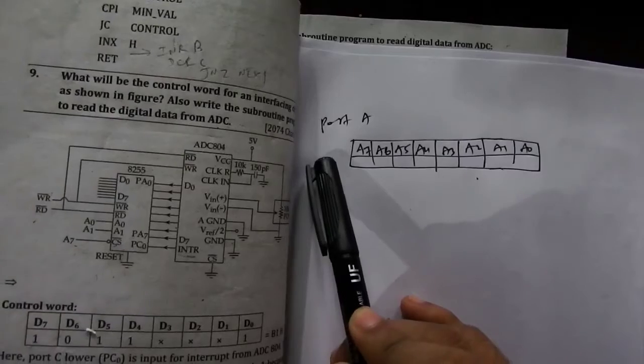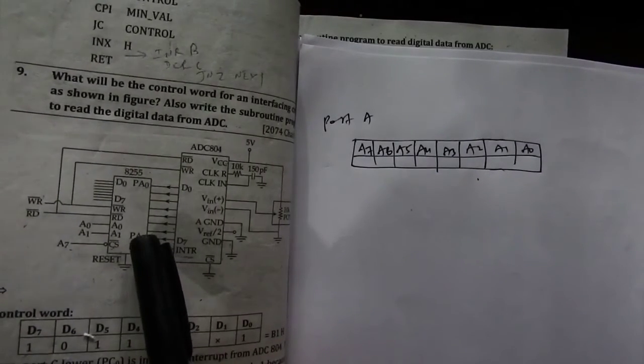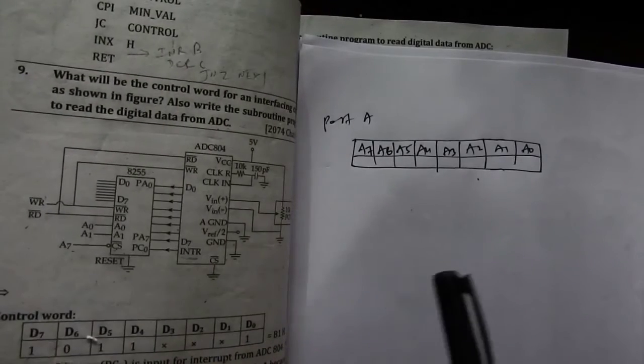Okay. So A7 generally indicates that it is IO mapped, and A15 will indicate that it is memory mapped.